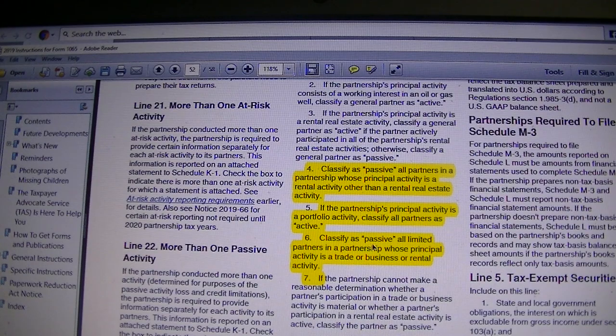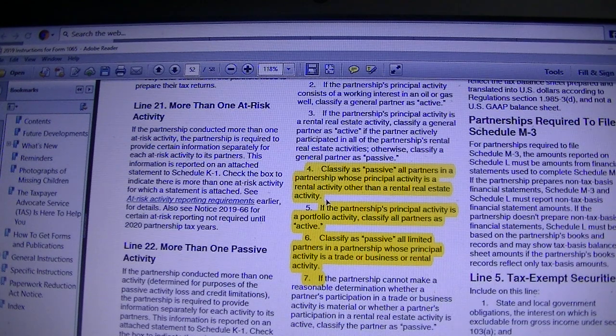Classify as passive all limited partners in a partnership whose principal activity is a trade or business or rental activity. It doesn't say real estate. If the partnership cannot make a reasonable determination whether a partner's participation in a trade or business activity is material or whether a partner's participation in a rental activity is active, classify the partner as passive.